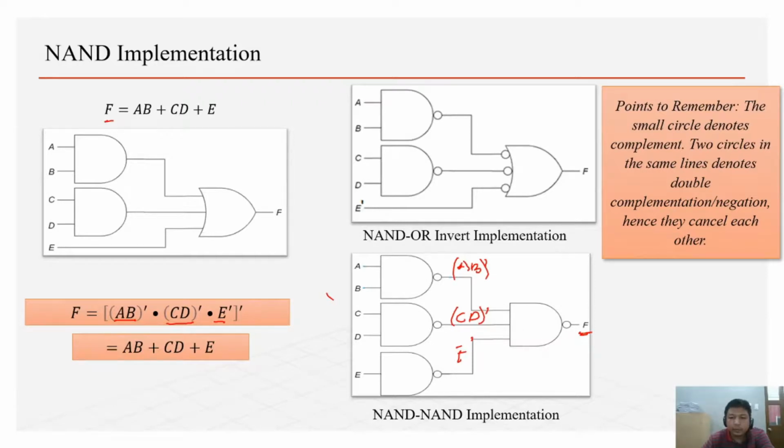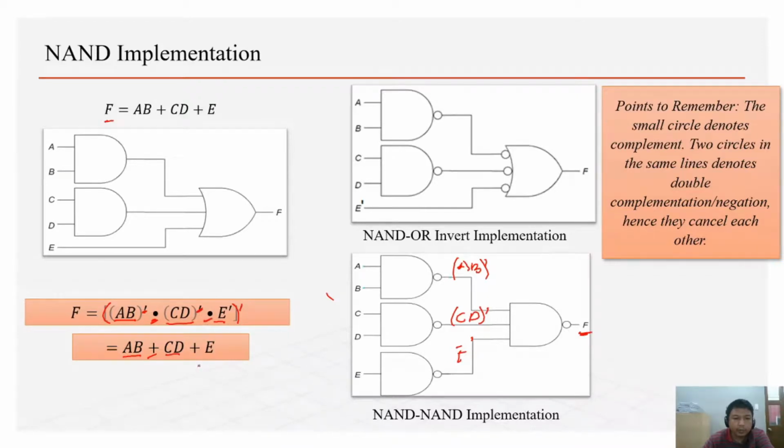Now, getting F, we have here A, B prime, ANDed to C, D prime, ANDed to E prime, and then we have here prime. So, kung ibabalik natin, i-distribute natin yung prime, the prime here will cancel this prime here, so we have AB. The invert of AND here is plus or, then the prime here will cancel the prime there, so we have CD.